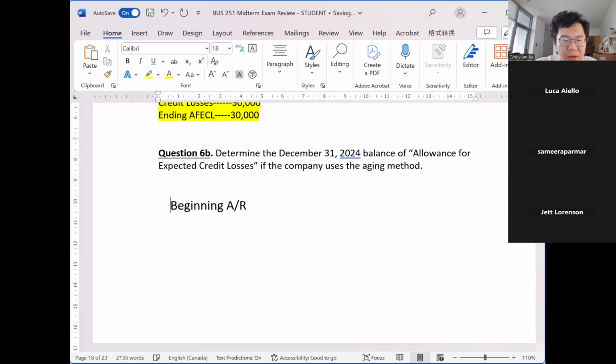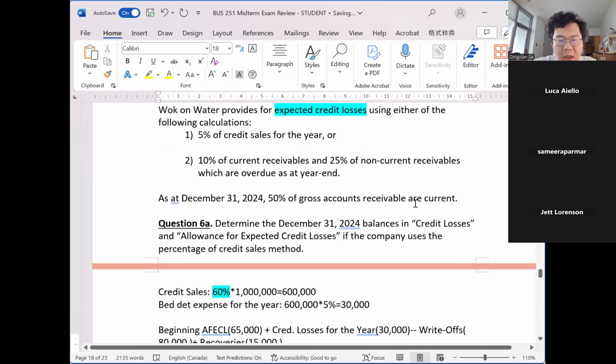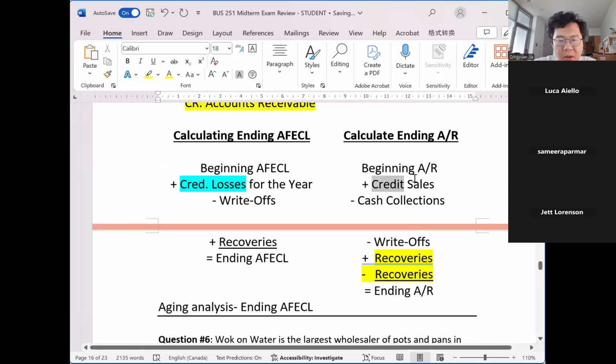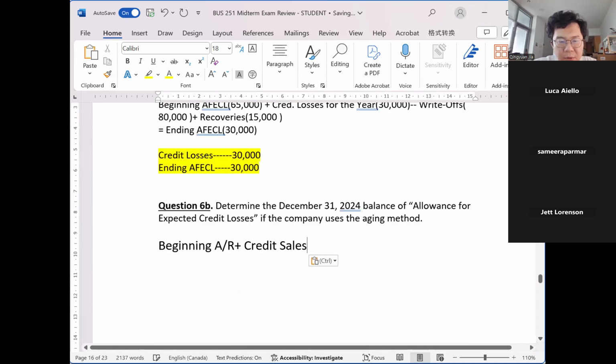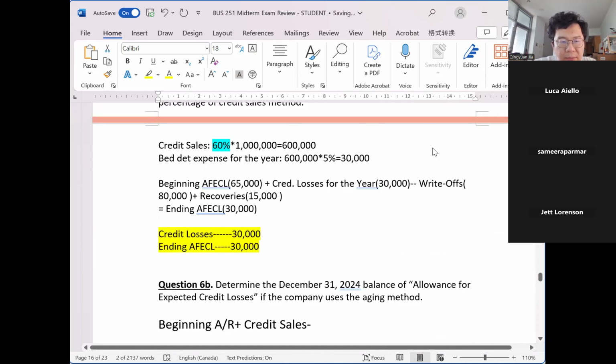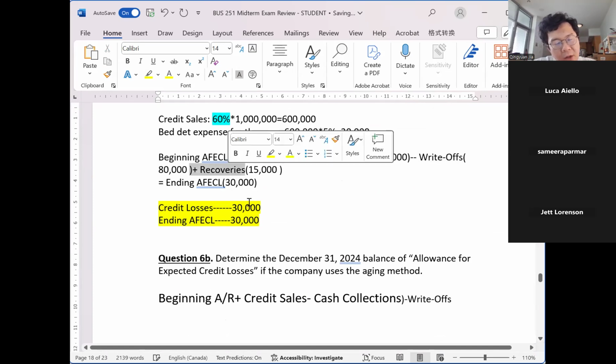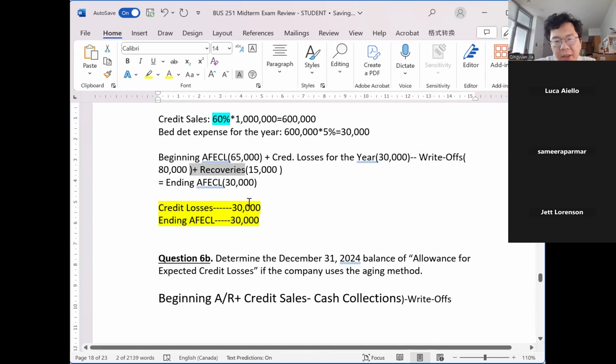So the beginning account receivable plus credit sales, and subtract collections, cash collections, and subtract the write-offs. Remember, subtract the write-offs, and plus the recovery and subtract the recovery, right?